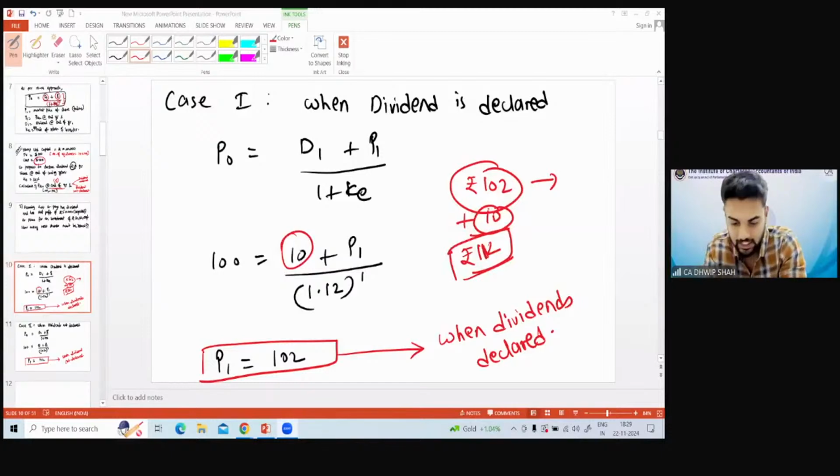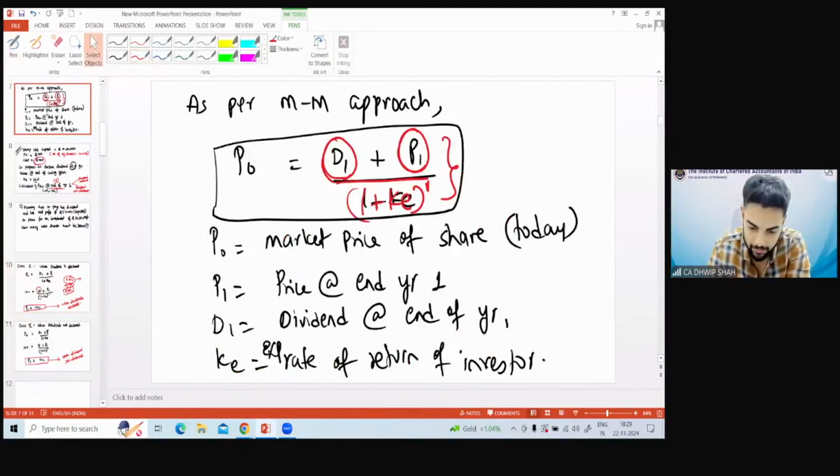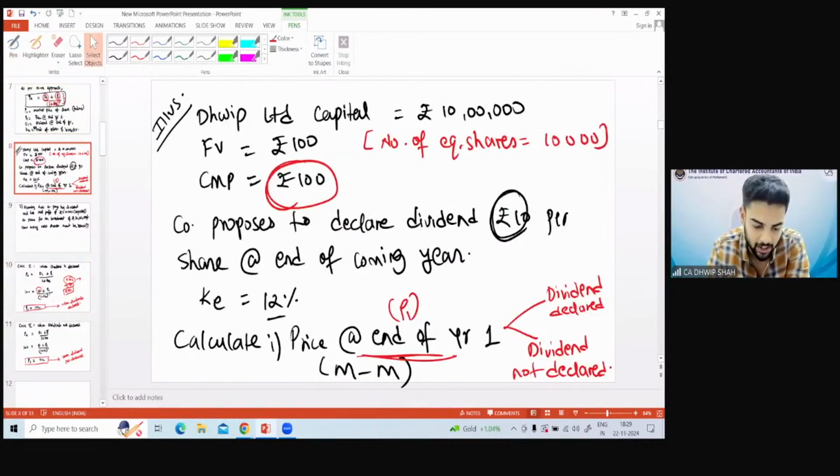Preeti, now it is clear why it is not changed. See, when the dividend is declared, just visualize that you yourself are a shareholder. So you bought a share today at 100.